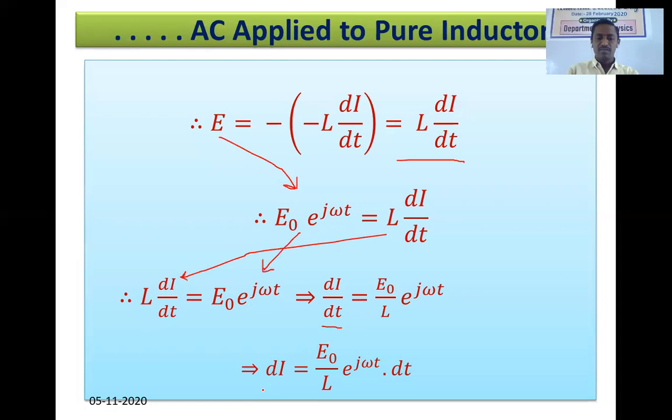Now separate the variables, that is, the equation becomes di equals E0 upon L into e to the power j omega t into dt. Our principal aim in solving the circuit is to calculate the instantaneous current flowing in the circuit. So for that, let us integrate this equation.